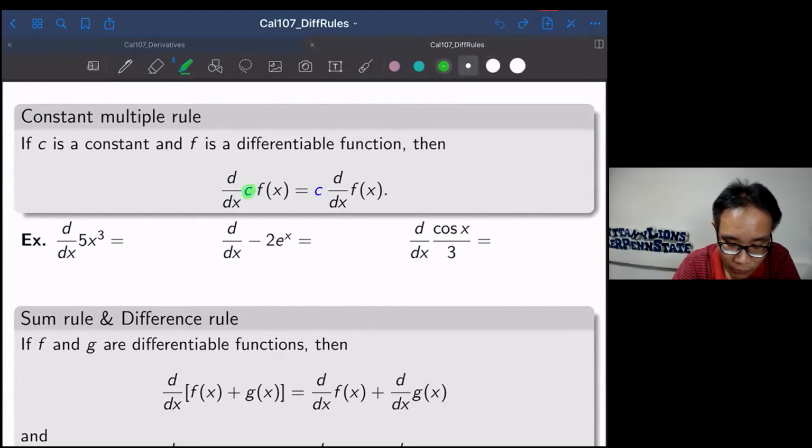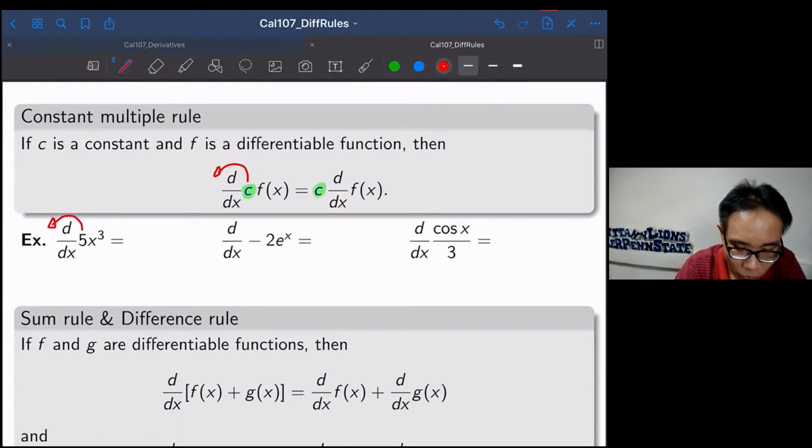When you have a constant c multiplied with the function f, you can pull out the constant, or just ignore it, and differentiate only the function f. In this case, like 5x cubed, you're going to move the 5 outside.